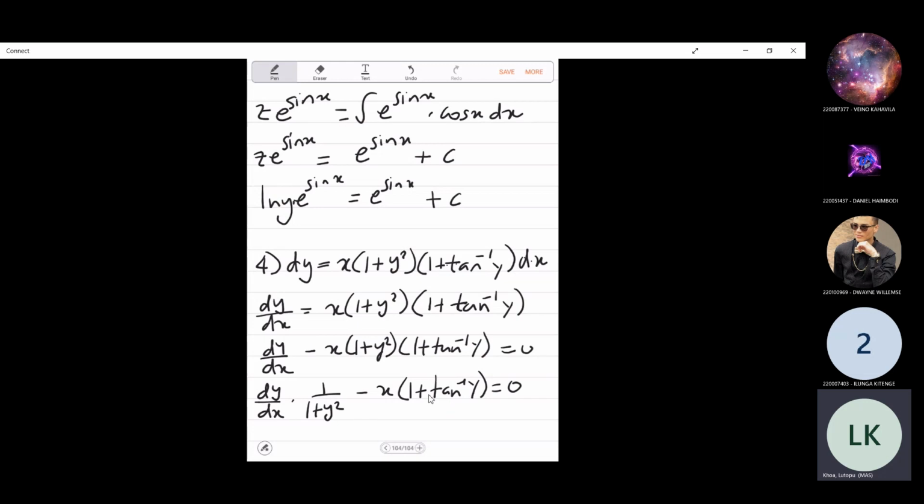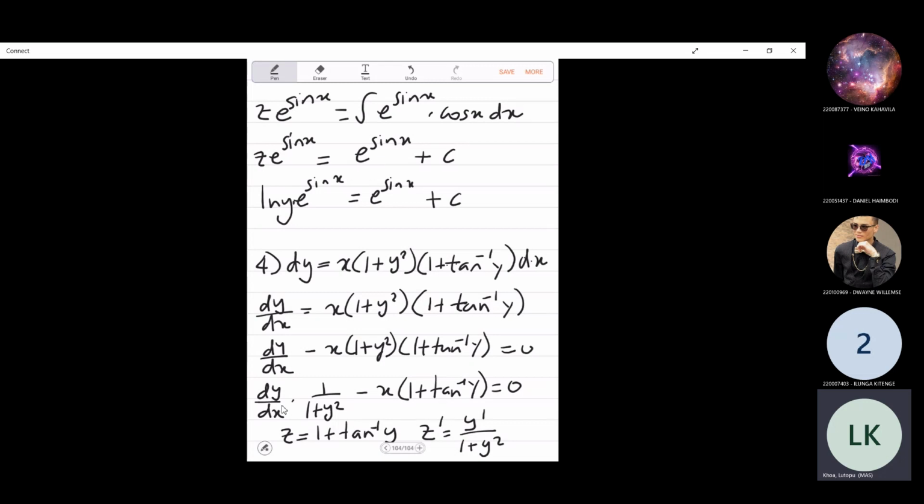Okay, and now we look, the derivative of this is that one, so we can say z is equal to this. So we have z is equal to 1 plus tan inverse of y, and this means that z prime is y prime over 1 plus y squared, which is exactly what we have over there.